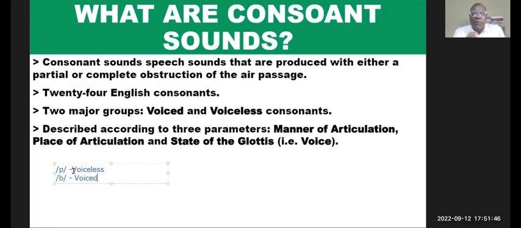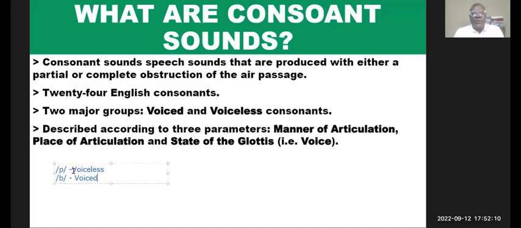Yes. Now, what you notice is that when you produce P, there is not a major vibration on that particular voice box. But when you pronounce B, there is a major vibration.